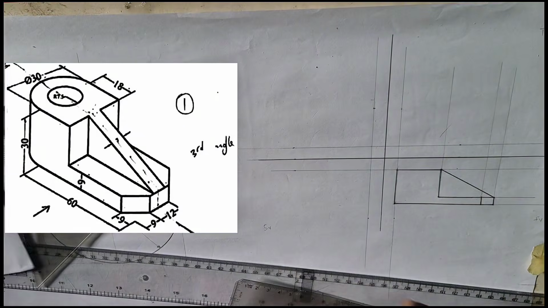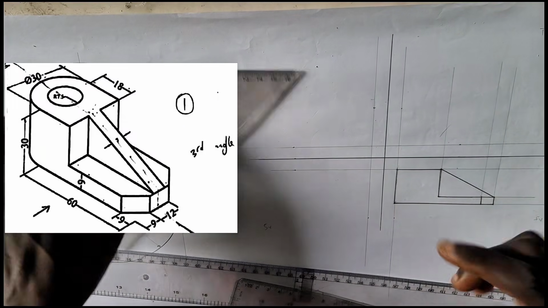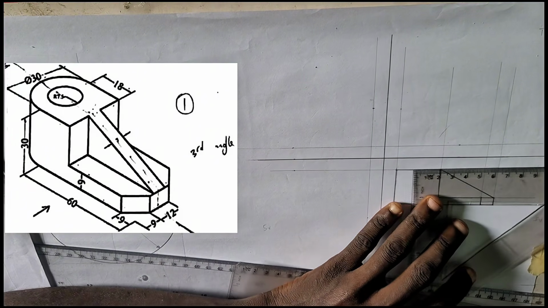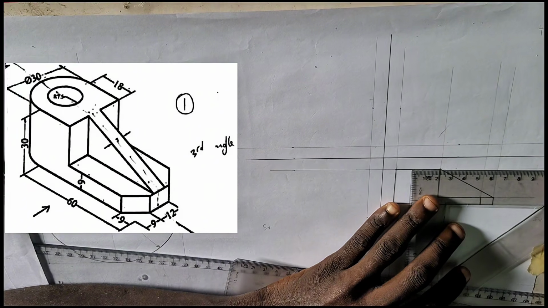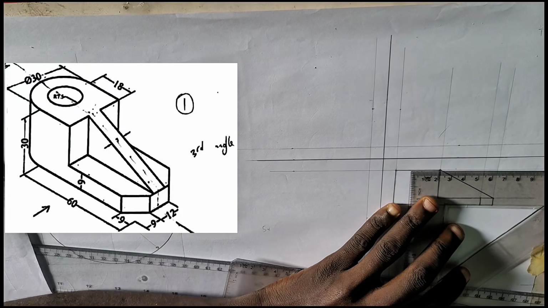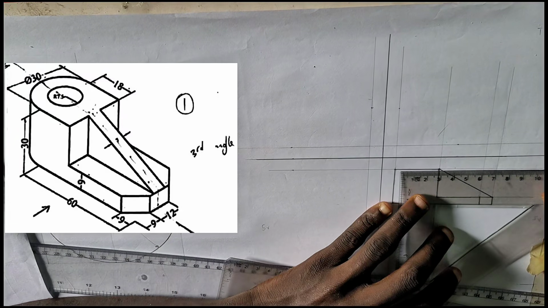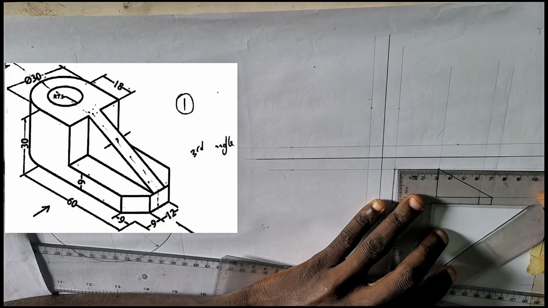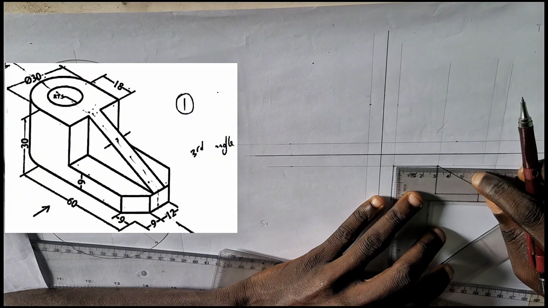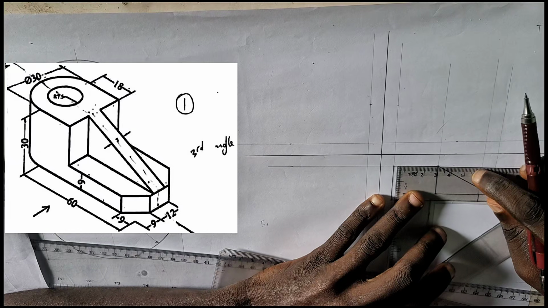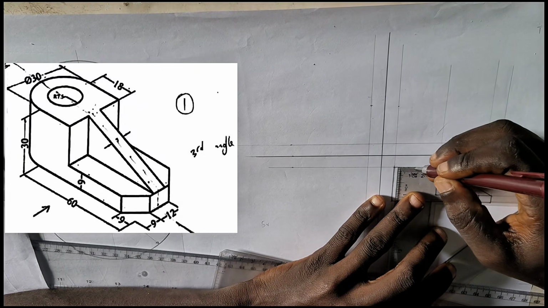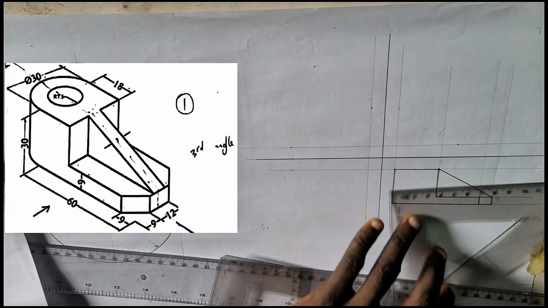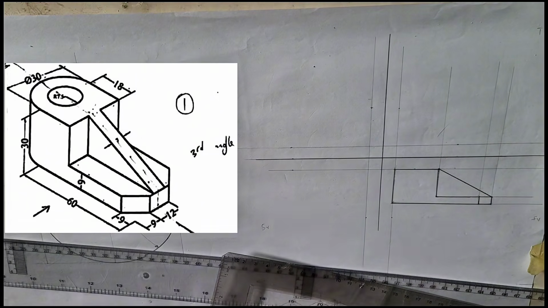So from here to the middle is 18 millimeters. Then 15. This is 18. Okay. So that is the middle line.